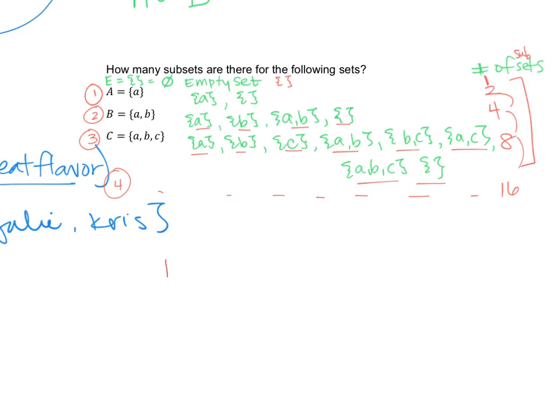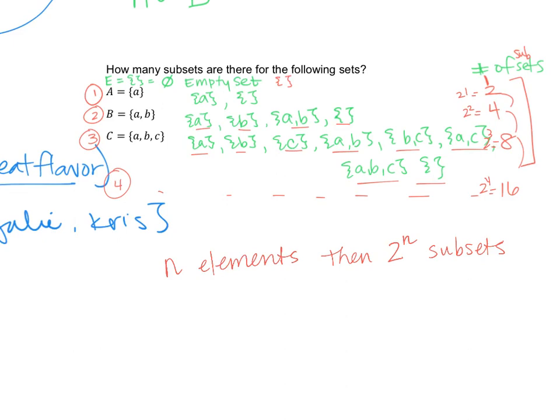But basically, if we're going to be doubling every time, this is really like 2 to the first power, 2 to the second power, 2 to the third power, 2 to the fourth power. So if there's 4 elements, there is 2 to the fourth subsets. So n elements, then there will be 2 to the n subsets.